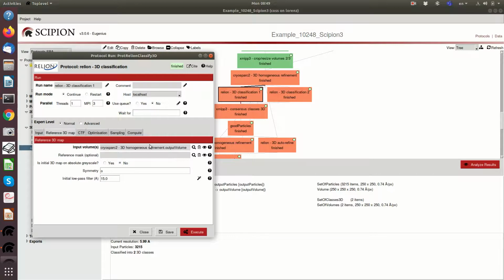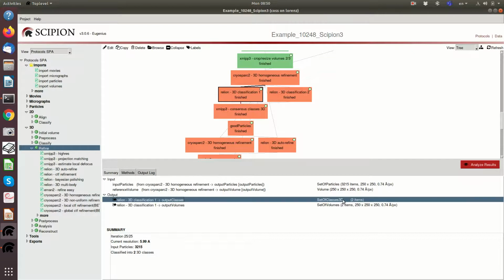You need here an initial volume, and we will take the one coming from CryoSPARC, and because we think that that volume is not biased, but really faithfully represents our structure, we will filter it at 15 angstroms only, and then we will do an optimization that will try to separate those input images into two separate classes, and this is what we get.